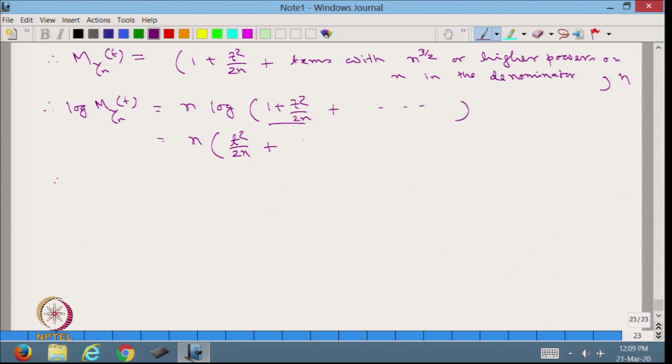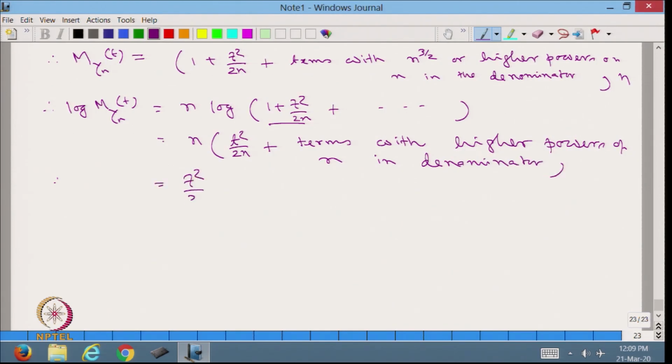by n plus terms with higher powers of n in the denominator, which is equal to t square by 2 plus terms with powers of n in the denominator.